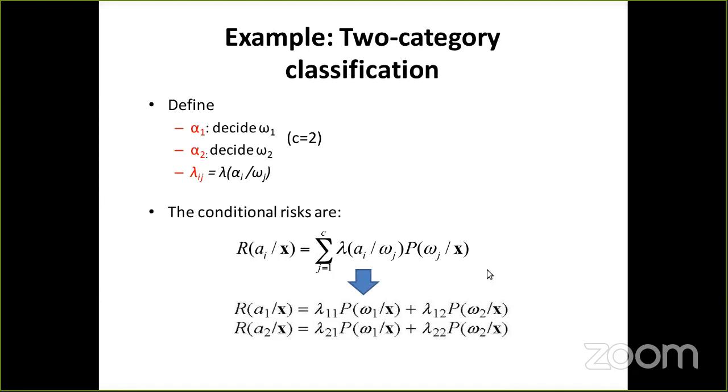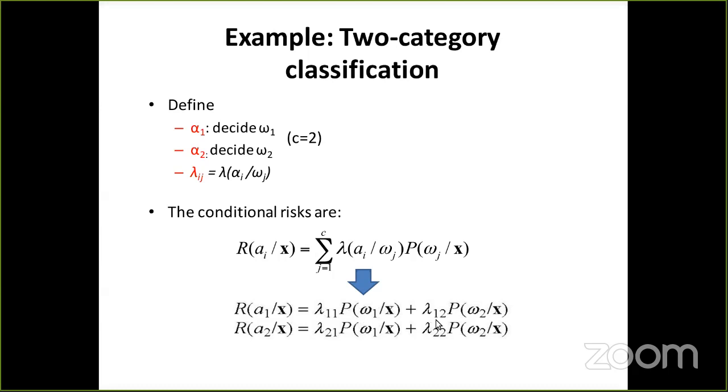If we take this summation for the risk of taking action 1 given we have an observation, it will come out to be lambda 1 1 times p of omega 1 given x plus lambda 1 2 times p of omega 2 given x. Similarly, we can compute the risk associated with taking action 2, that is lambda 2 1 multiplied by probability of omega 1 given x, plus lambda 2 2 multiplied by probability of omega 2 given x.